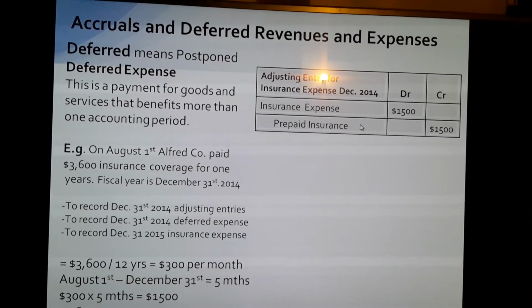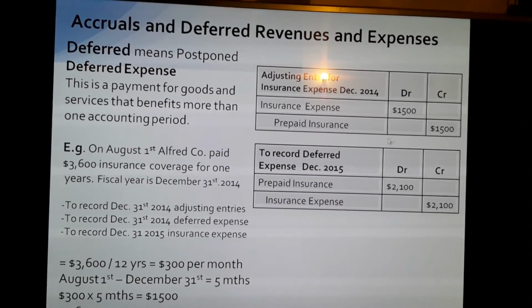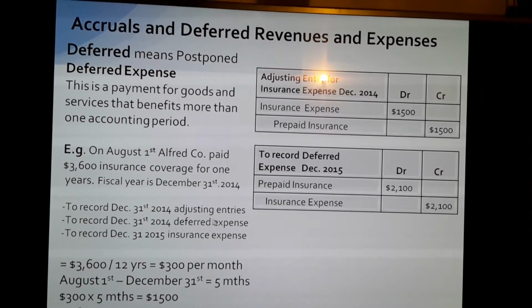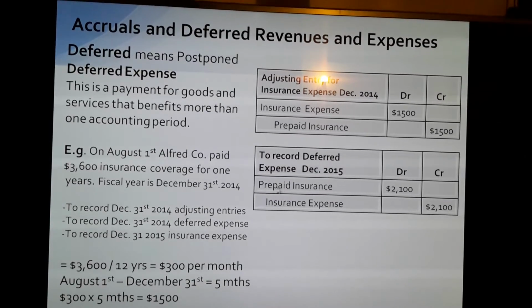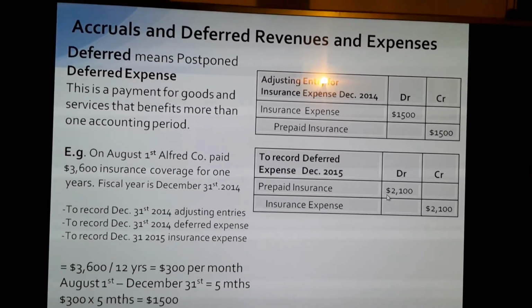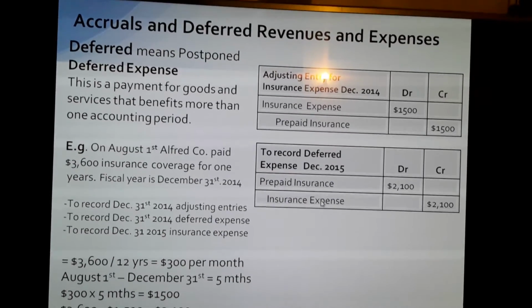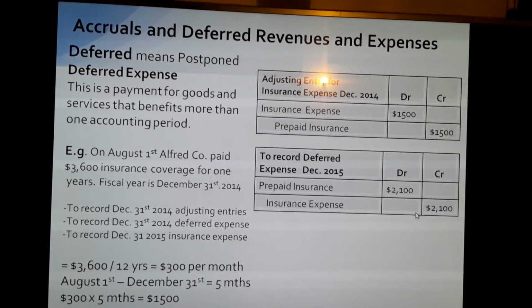credit prepaid insurance 1,500. Okay, so the second one says to record the deferred expenses. So deferred expenses, you still have remaining 2,100. Okay, so this is deferred insurance expense 2,100.